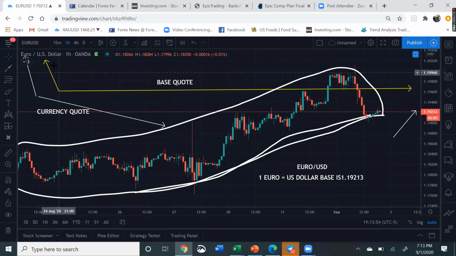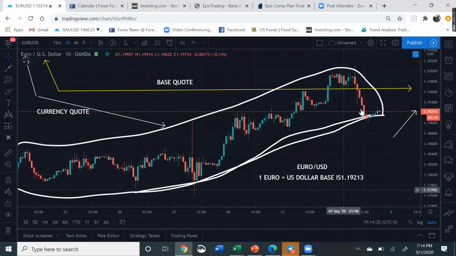And there's other currency quotes too. GBP USD, that's the British pound against the US dollar. You have the Australian dollar against the New Zealand dollar. So it varies on which way you trade. So 1 euro will equal the US dollar base.